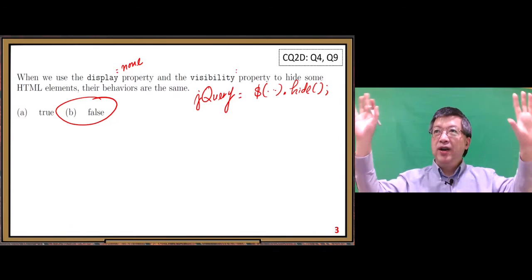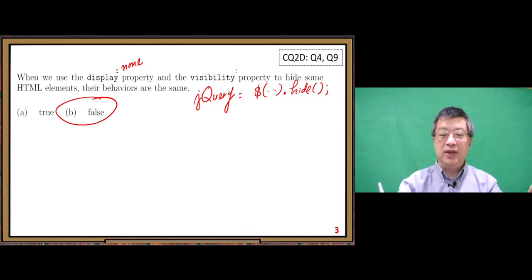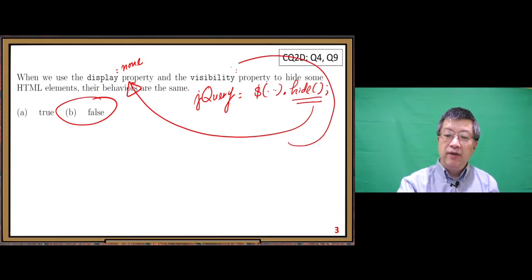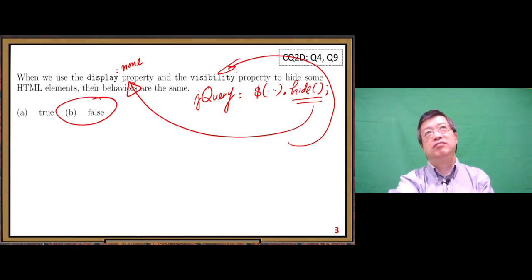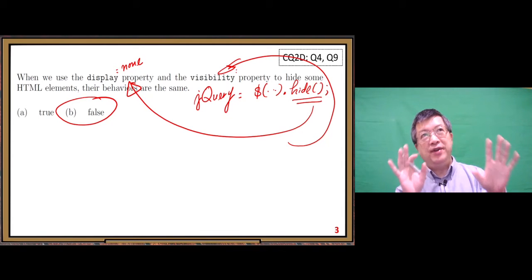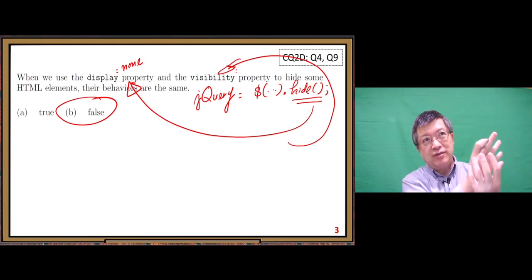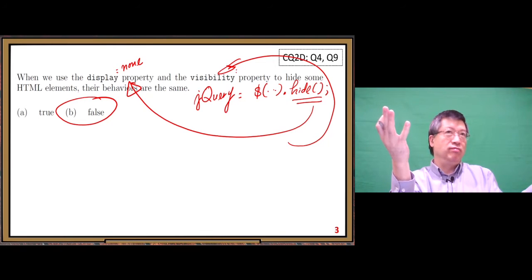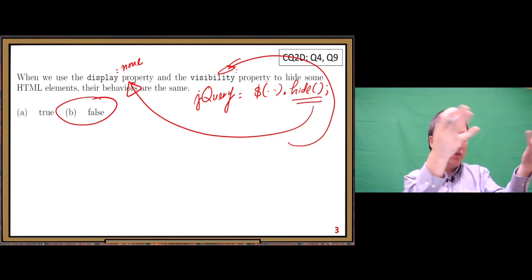So my question is, can you tell me whether this hide method corresponds to the display way or to the visibility way? Corresponds means they have the same behavior. So the space is still occupied by that hidden component, or the space is not occupied, released.